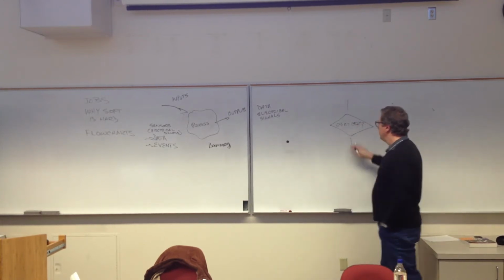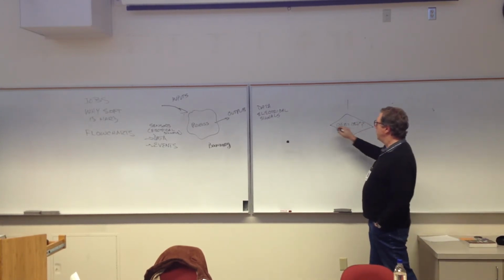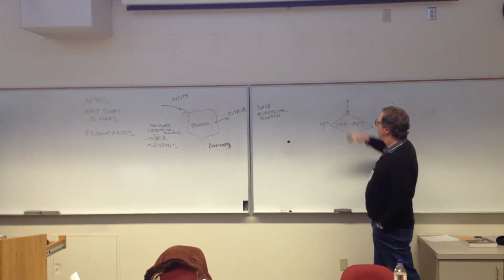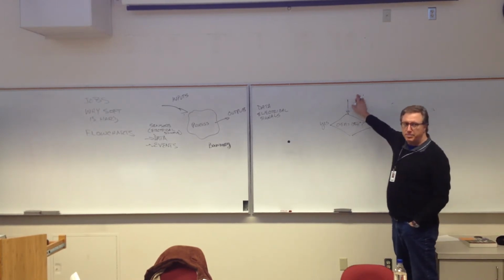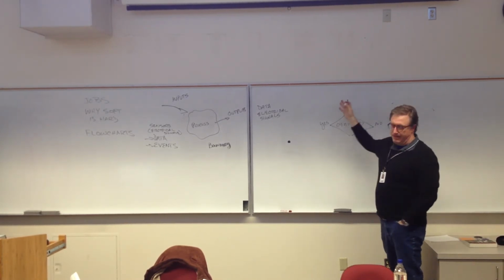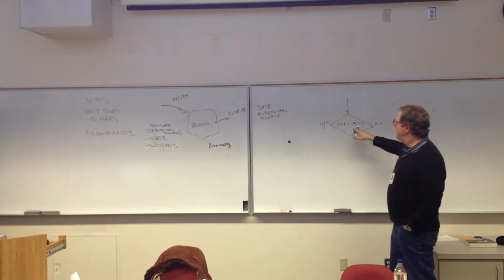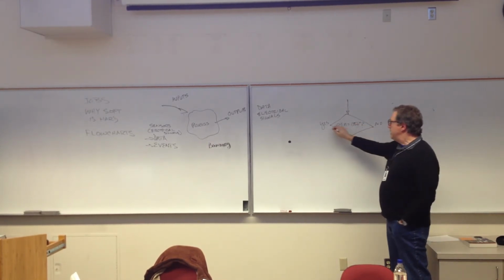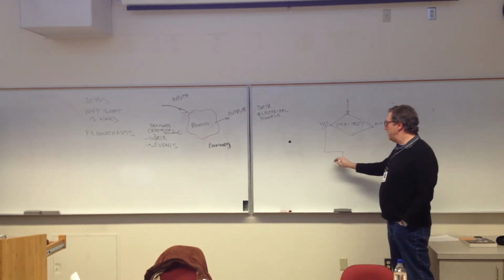Question mark. And there's a yes output, and there's a no output. You come into the diamond from the top usually, not a real hard and fast rule. If the oven is equal to 350 degrees, yes, then we put the cake in the oven.